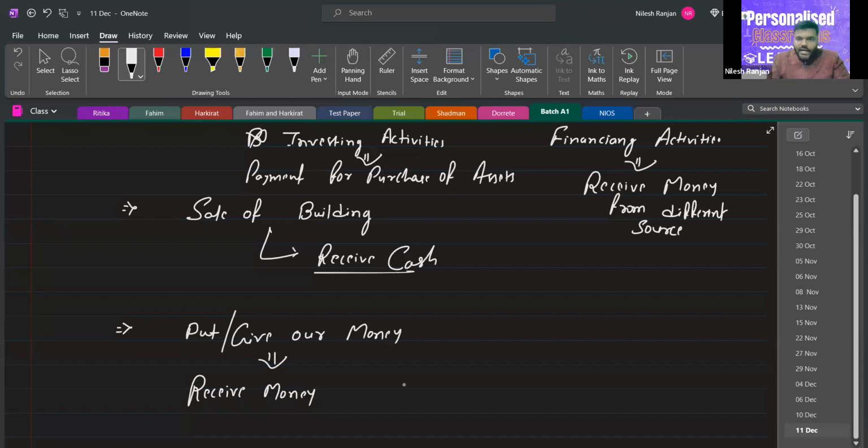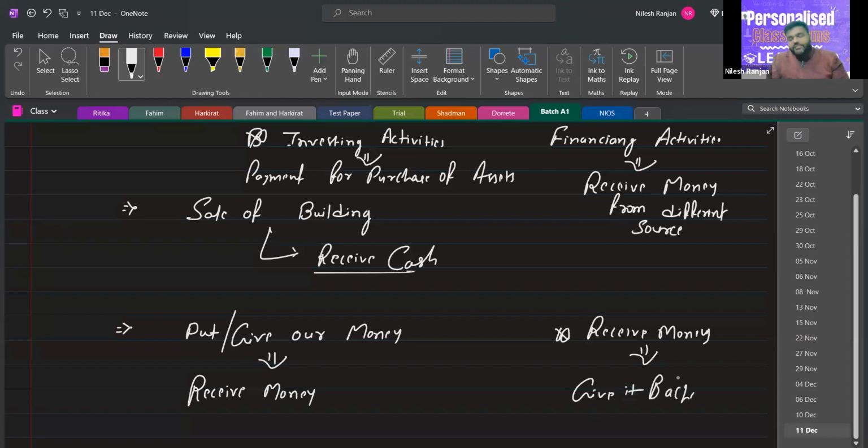And in financing activities, first we will receive money and then we have to pay. If you differentiate between these two, then you'll easily understand investing and financing activities.